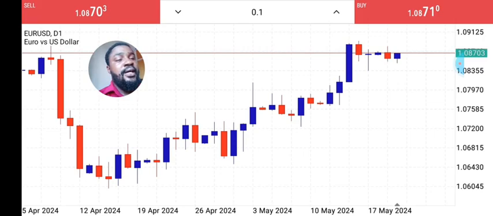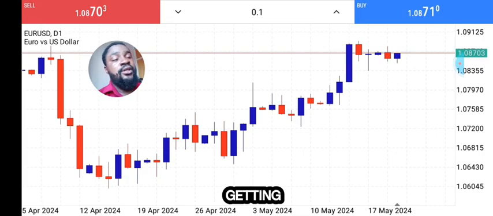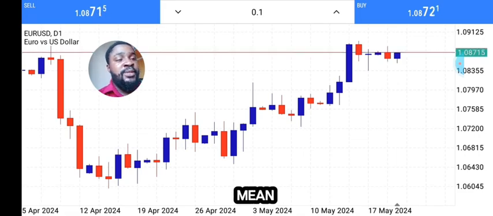But what I can see here is that the sellers are resisting price from breaking that price. It also means a lot of buyers have taken their profit. This is the zone of take profit.